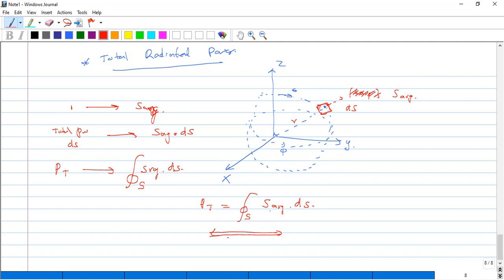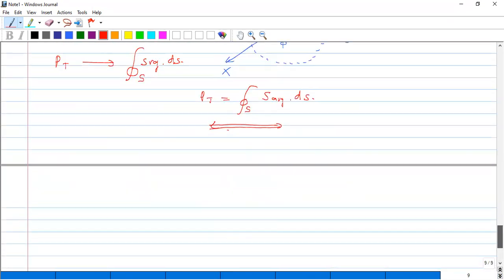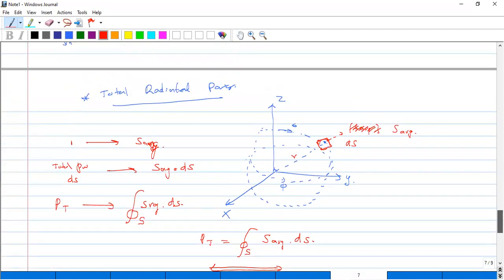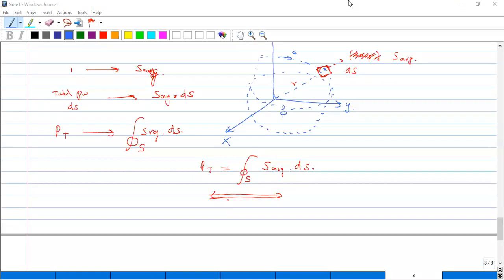Now, we know that this S average is a vector, and this ds also should be a vector.